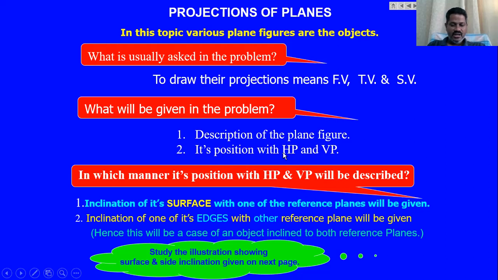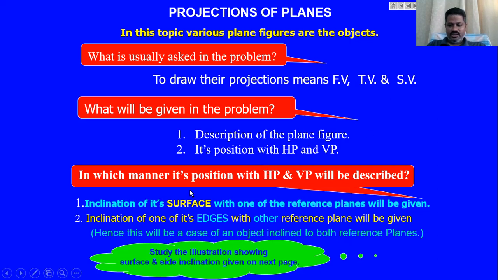If the coordinate values or the position are not given, we can locate the plane with reference to the horizontal and vertical planes with assumed values. If exact values are given, we need to consider the exact values. Otherwise, arbitrary values must be assumed, and we locate and draw the front view, side view, and top view of the plane.